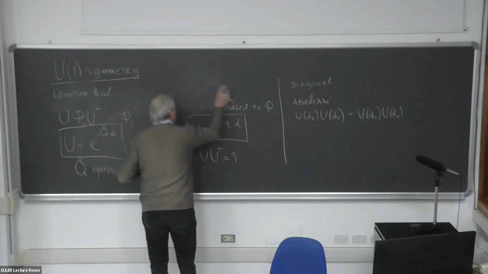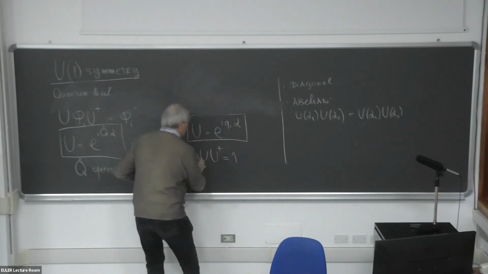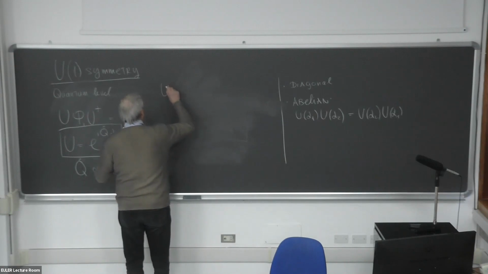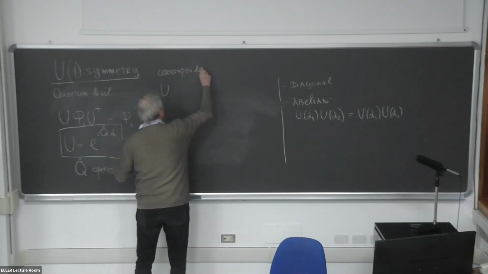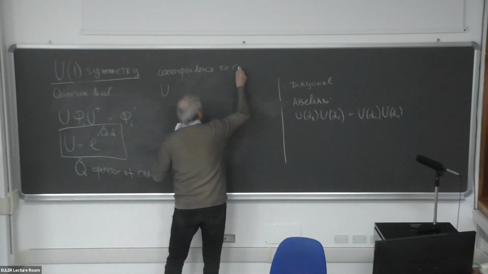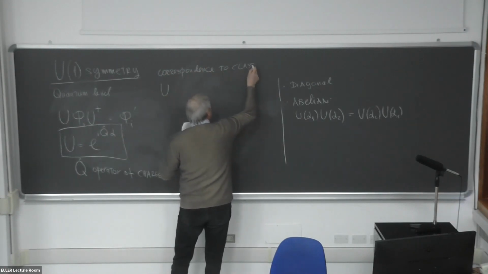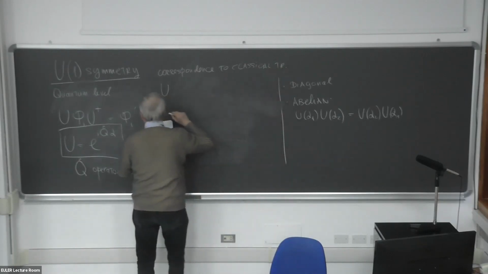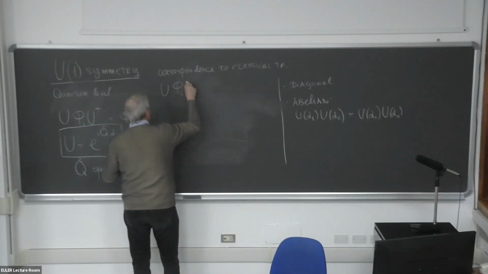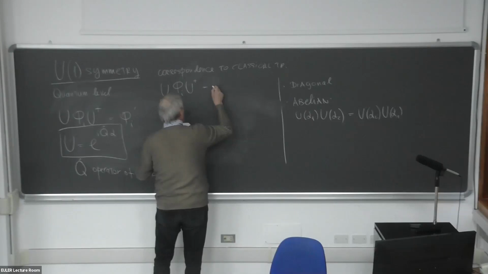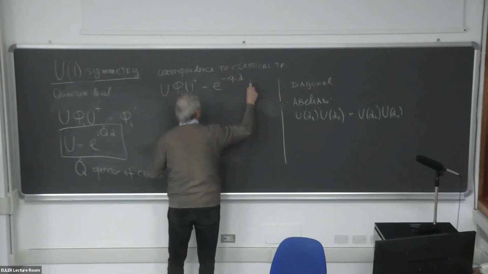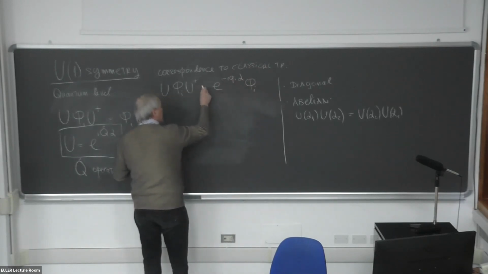To have consistency with the classical transformation, we require that the correspondence to the classical transformation is U φ_i U† equals e^{-i α} φ_i. So that's what we had at classical level.